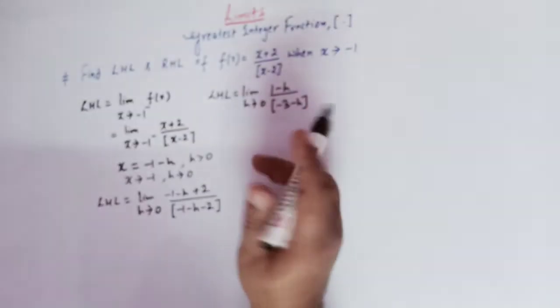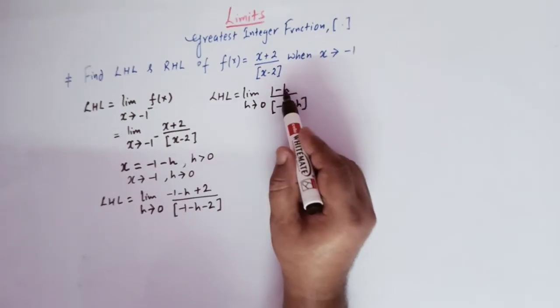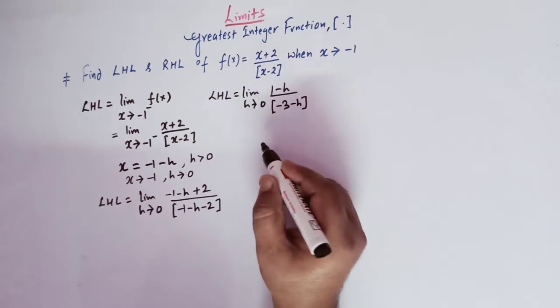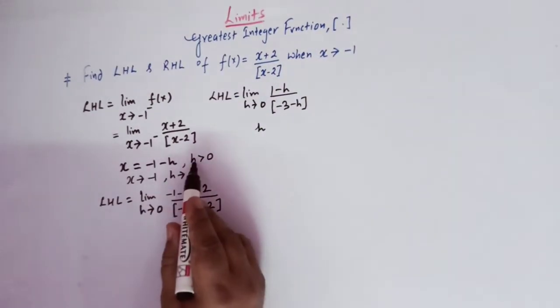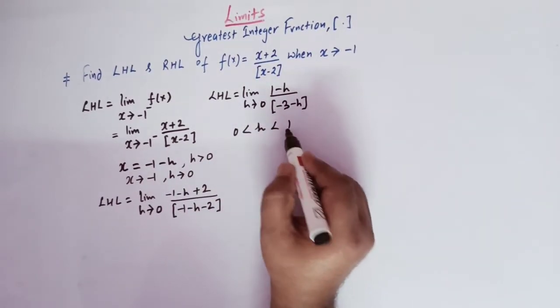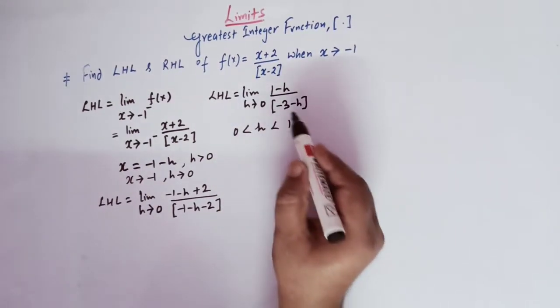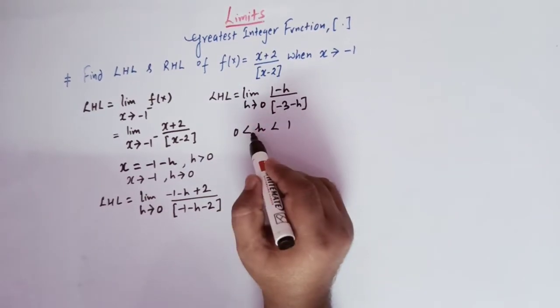Viewers, in the next step we are not going to directly substitute h is equal to 0. See, h is a positive quantity because h is greater than 0, but it is always less than 1. So h lies between 0 and 1. Let us multiply throughout by minus 1.